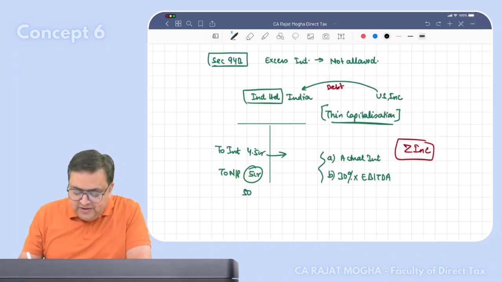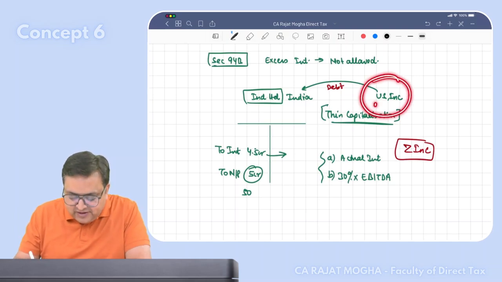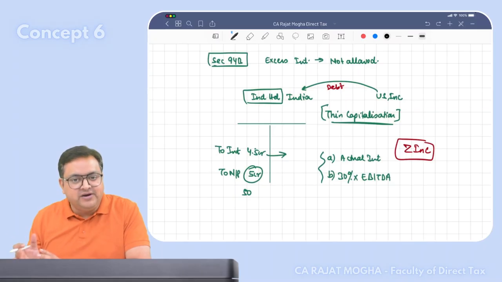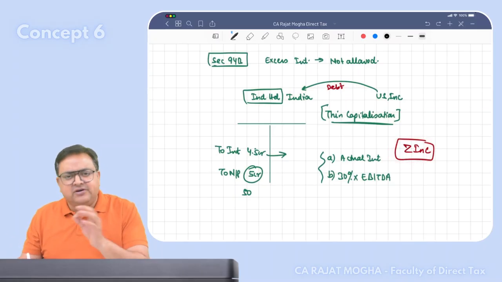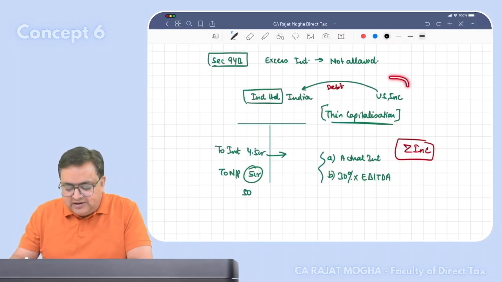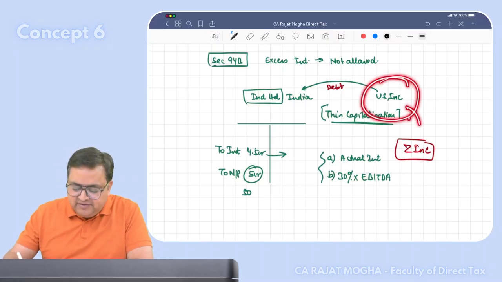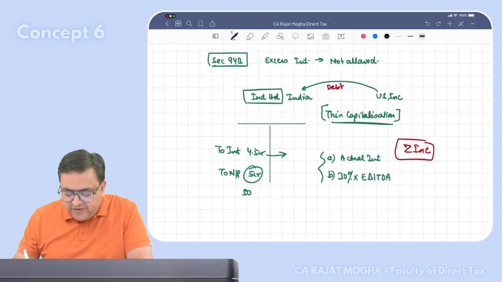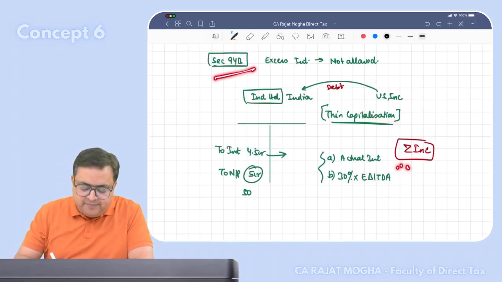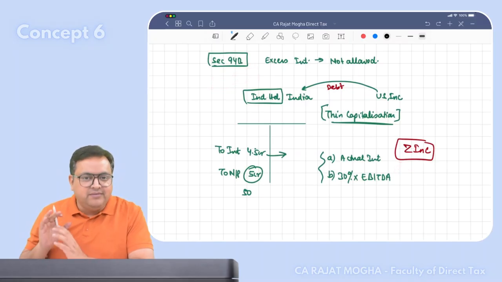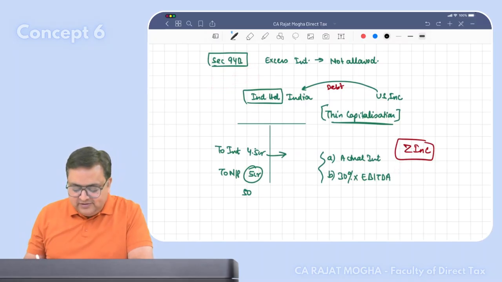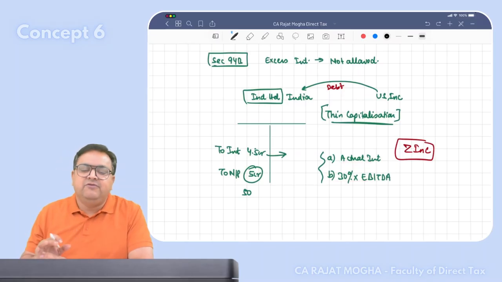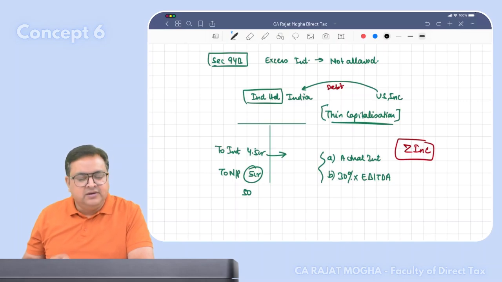So if we see that you are giving too much debt to associate enterprises and getting too much interest, or to any other unrelated person where you are actually behind him, either giving a guarantee or having invested a similar amount in them, and we find that this is happening, we'll apply the provisions of 94B, and the maximum interest we will allow is 30% of EBITDA. If you have paid less, then it's okay, but if you have paid more, then we will not allow more than 30%. Till here, everybody is okay.